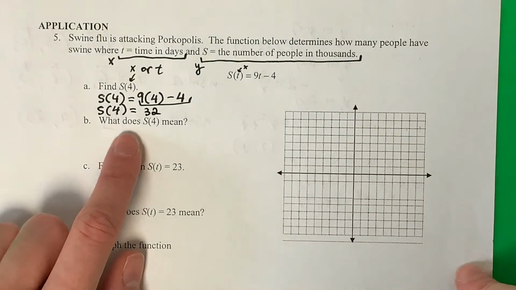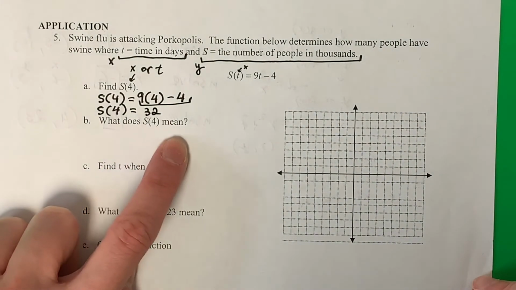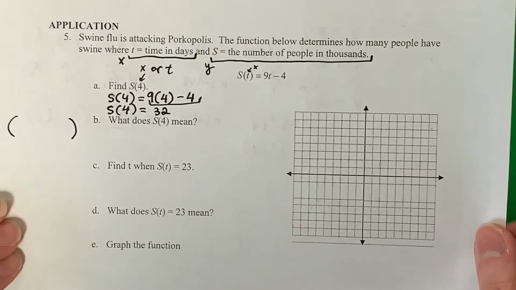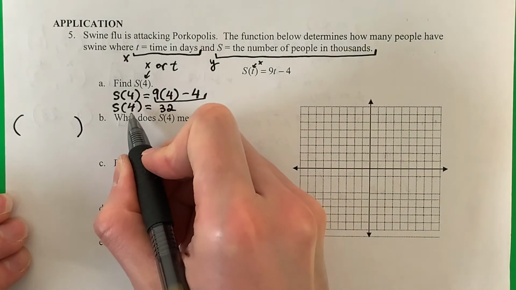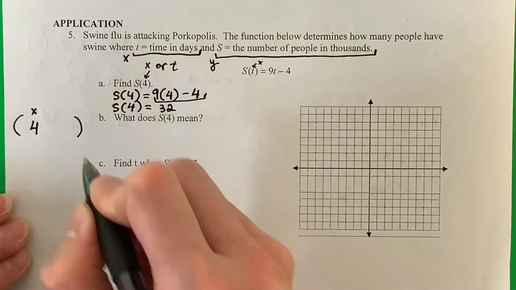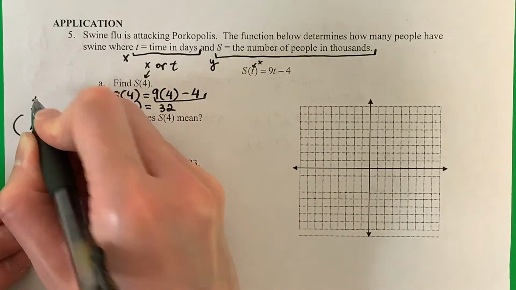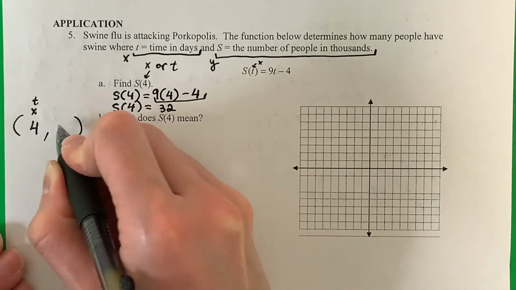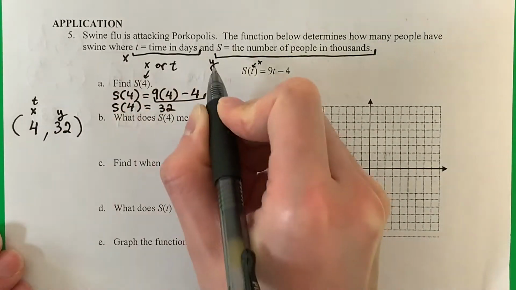Okay, so they want to know, what does s of 4 mean? Let me make an ordered pair to explain this to you. 4 is inside the parentheses, so that means it is x or t. And 32 is outside the parentheses, so that is y or s.